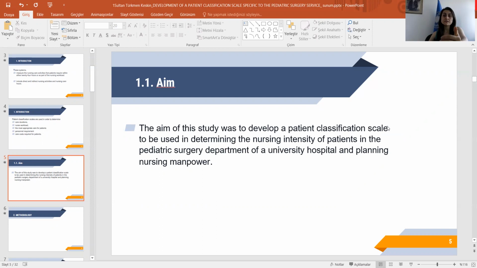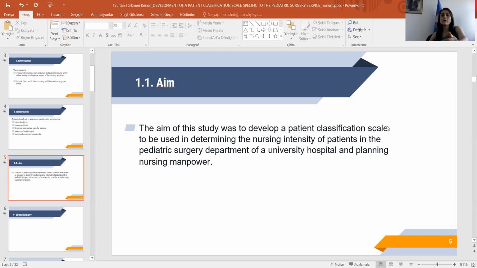Studies on patient classification systems in Turkey are limited, and there is no classification tool specific to pediatric patients. The number of nurses is planned according to the number of beds in hospitals in Turkey, but this method is insensitive to the patients' individual needs.